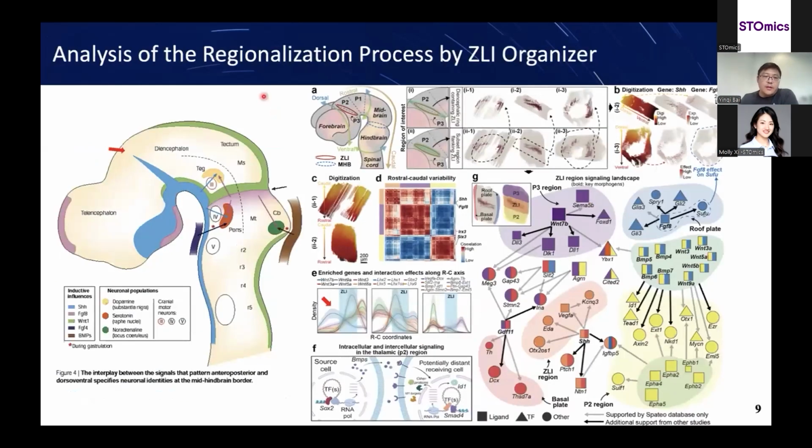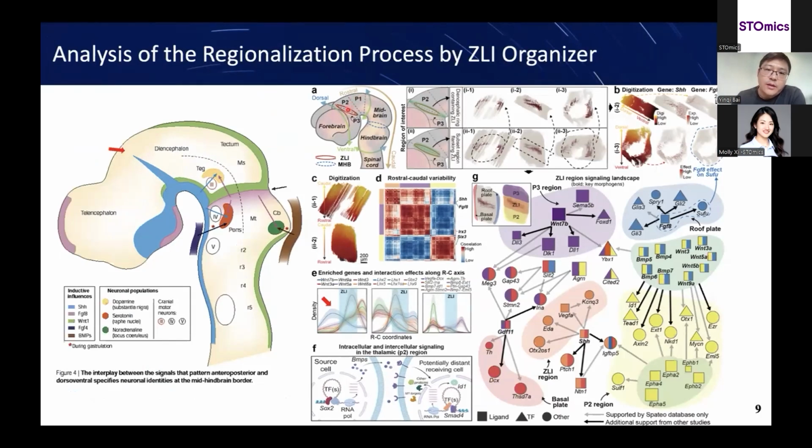And here is a demonstration of the previous methods in Spateo. We focused on an organizer called the ZLI organizer during brain development. The ZLI organizer is a physical boundary in the diencephalon.